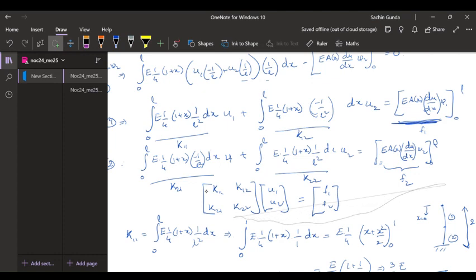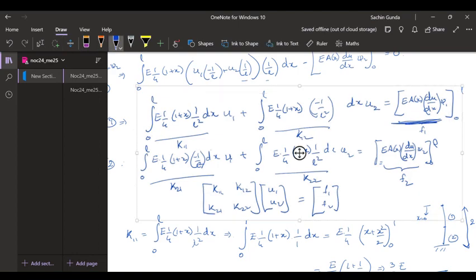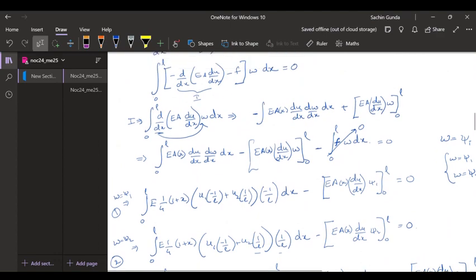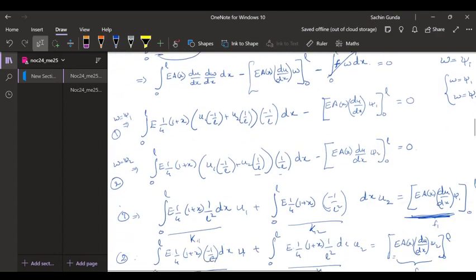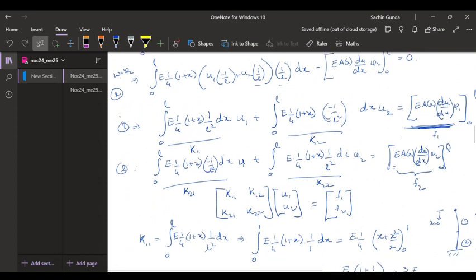This is the expression. Sorry, not this. Even shape functions change in our case. Okay, no, we can definitely use this. I will copy these two equations.